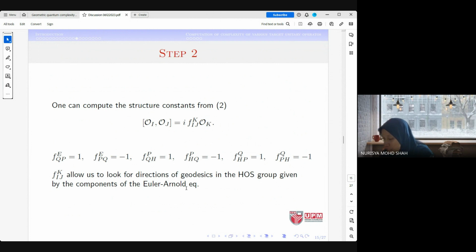I think this S is related to the geodesic, because we solve the geodesic equations and we have some distance. So I'm not sure if it's a scalar parameter. Maybe it should be some function, right?